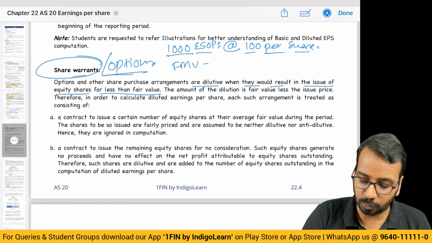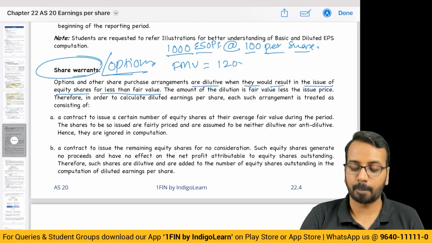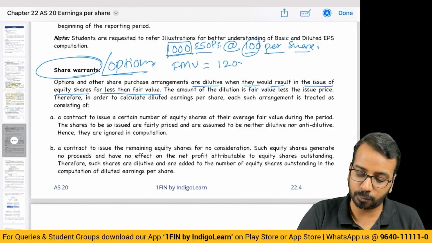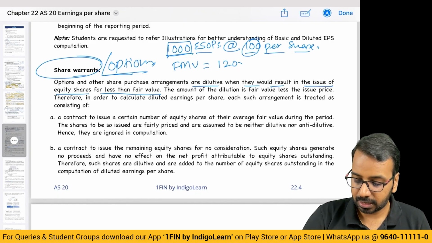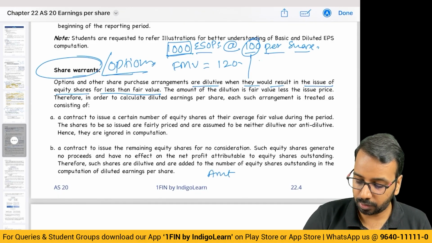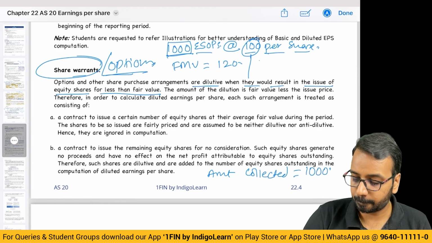Fair market value of this is, say for example, 120. How many have I given? 1000. At what value? 100. So, amount collected is equal to 1 lakh.